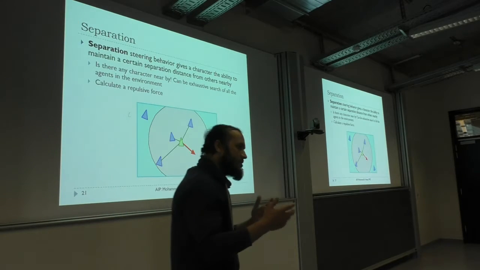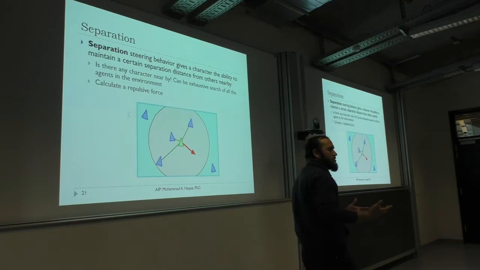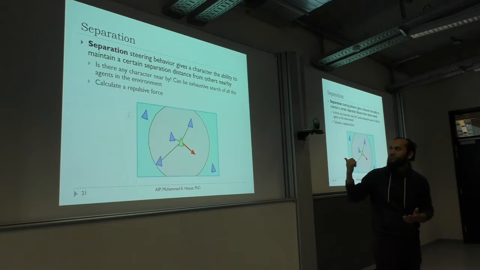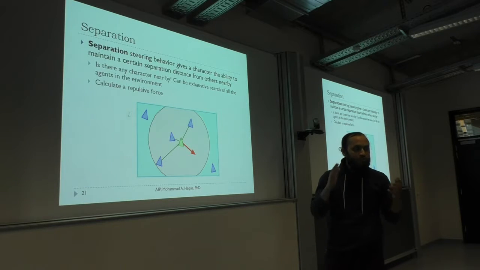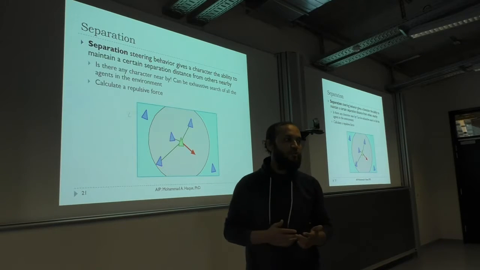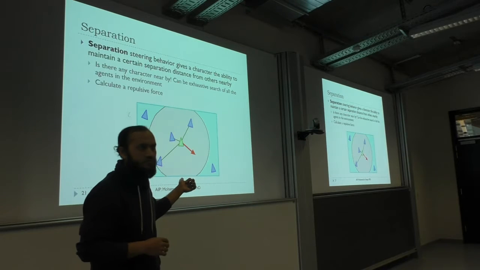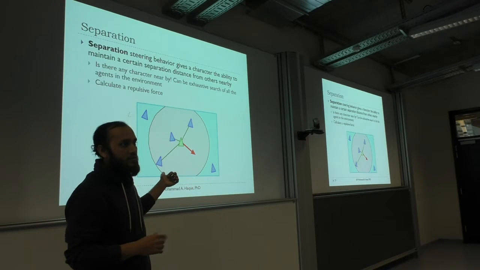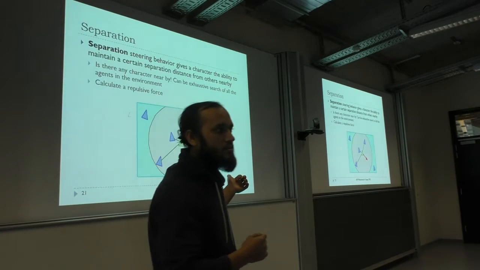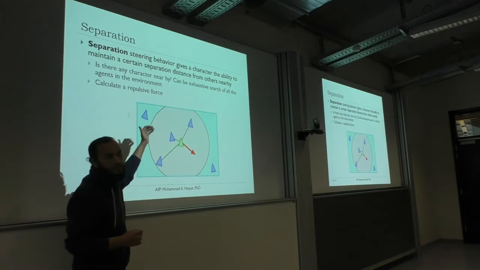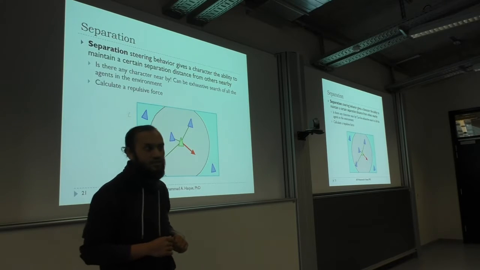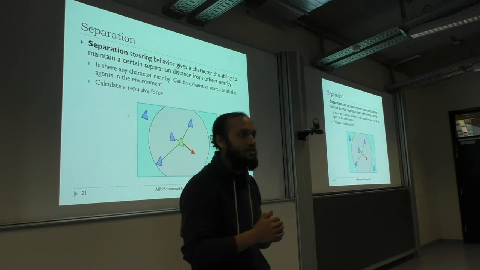So do you understand the relationship between the neighborhood definition and separation? If we do not define the neighborhood, or if we do not consider the concept of neighborhood, then what will happen here? Yes, if you take all five into account? Yes, all five. Let's say there are 5,000 different objects here.